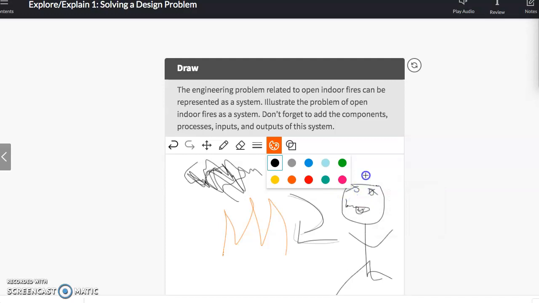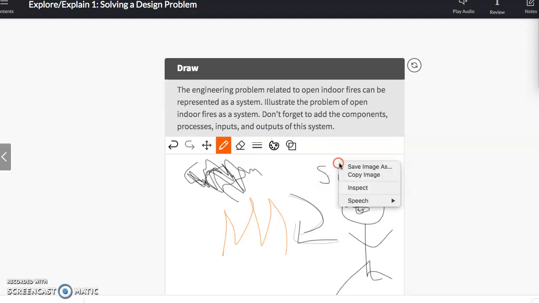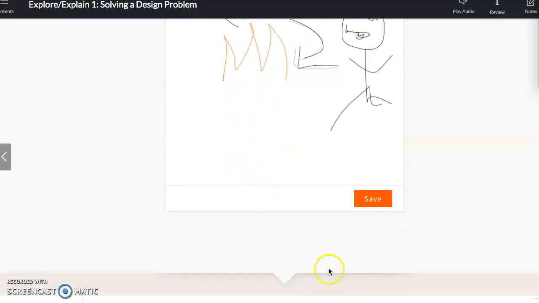Makes them very sick. So this would be the output. This would be the input. So output, input, components, processes.